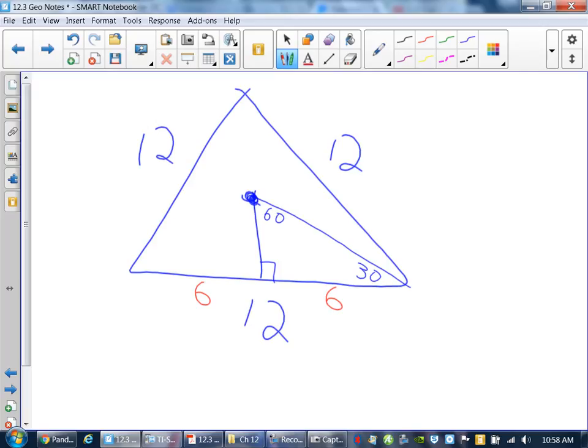You've got your 30, 60, 90, but now you know across from the 60. If you know across from the 60 and it's equal to 6, that means that something times the square root of 3 equals 6.